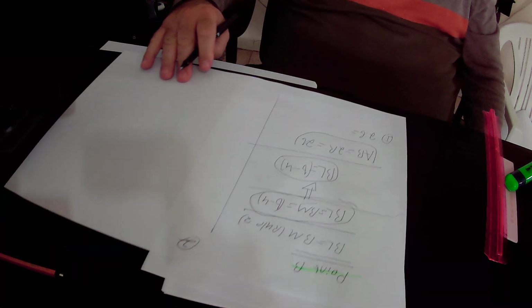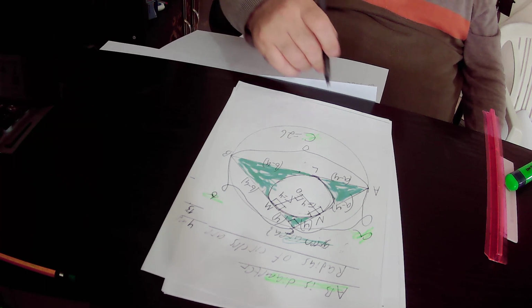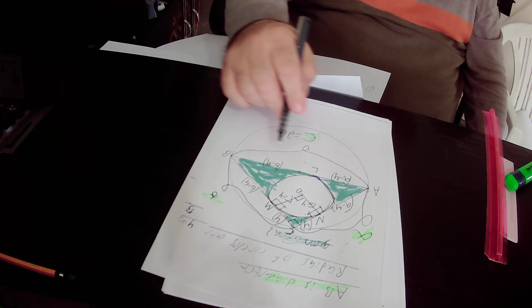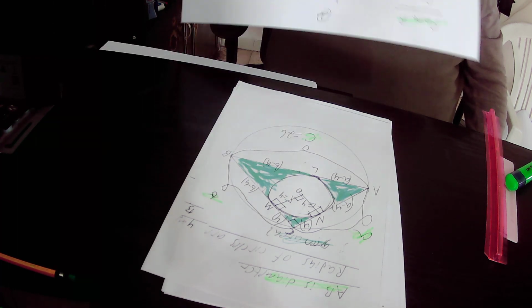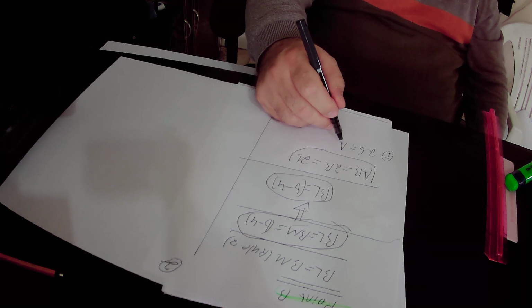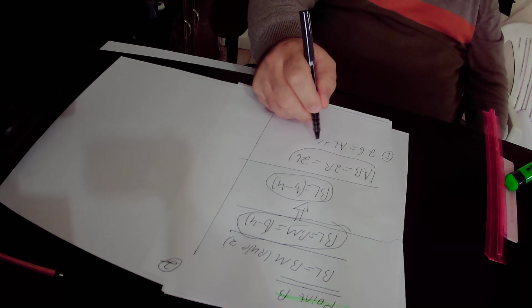So from one side, the diameter AB equals 26 units. But from the other side, from the drawing, you can see that the diameter AB equals AL plus LB. The diameter AB that is equal to 26 units equals AL plus LB.